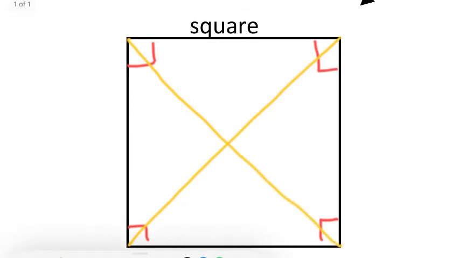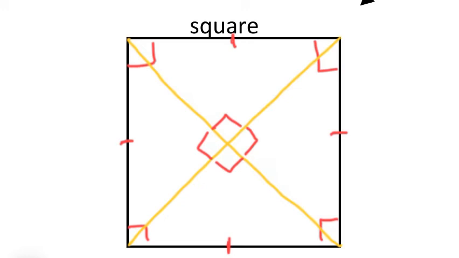Two, it has diagonals. Not only are they congruent to each other, yes, they bisect, but they are also perpendicular, which means 90 degrees there, there, there, and there. It has 4 congruent sides, which is the other property we get from a rhombus. And lastly, if the diagonals are going to bisect the opposite angles, well, let's think about it.